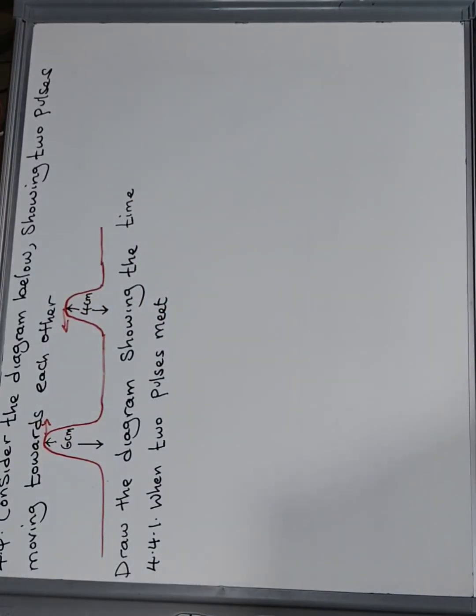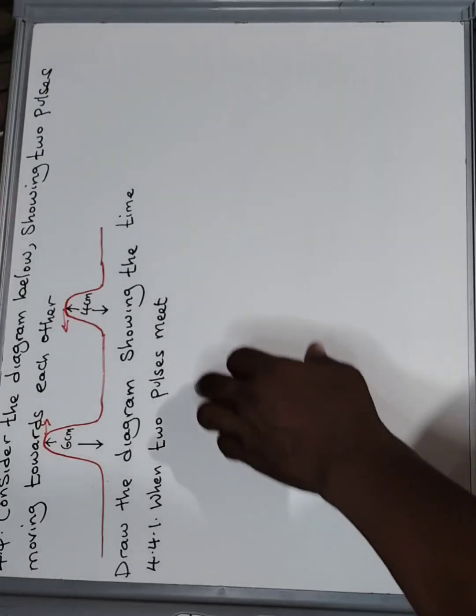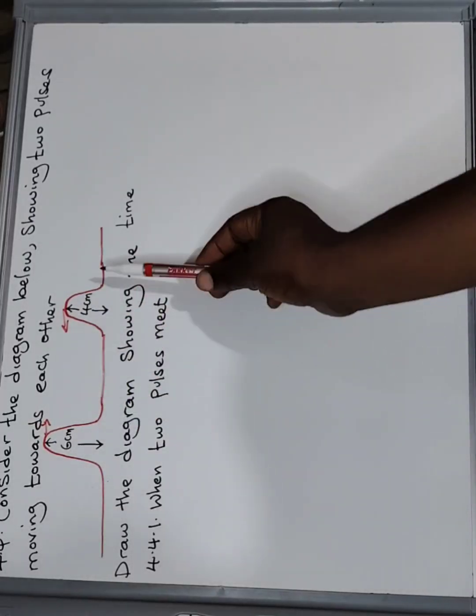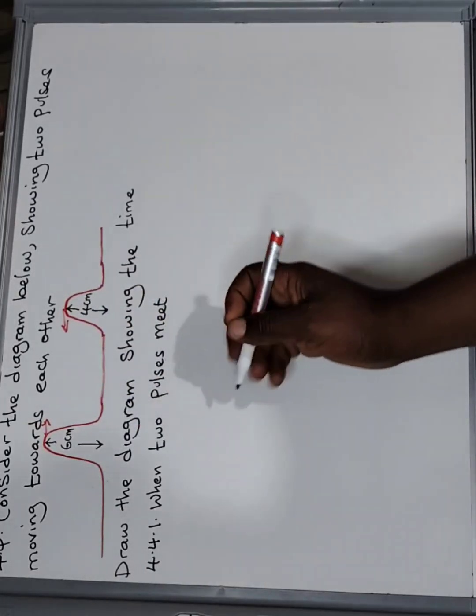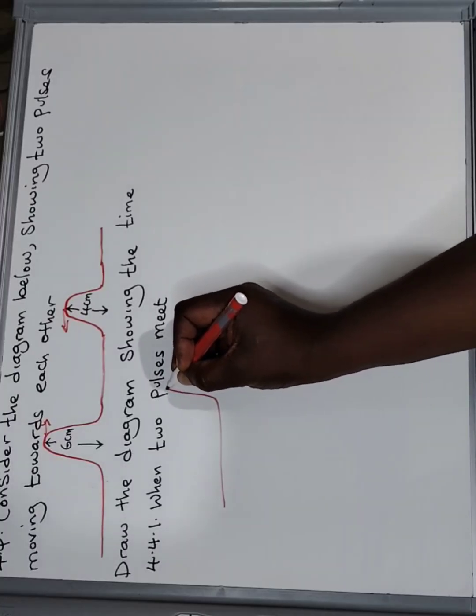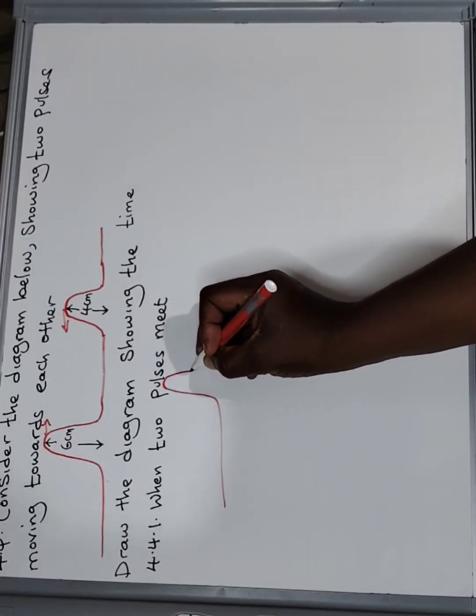Then the question comes, it says, draw the diagram showing the time when the two pulses meet. Okay. What are we going to observe when the two pulses meet? Okay, this is what we are going to observe. They are both positive, so they're going to add up, forming a bigger pulse.